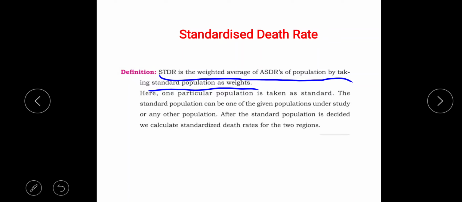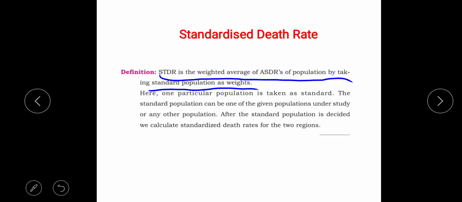Like that, in calculating STDR, we take a particular location's population as weights, and using those weights we calculate the weighted average of ASDRs. That is called the standardized death rate. And to calculate that, we first need to calculate what?